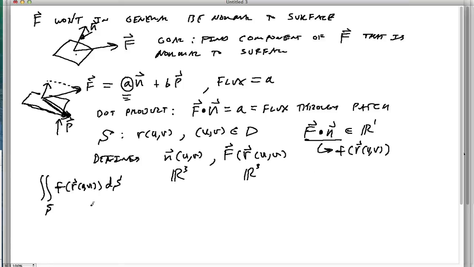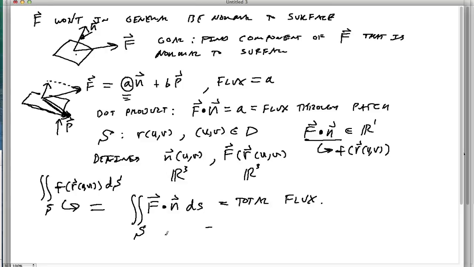So then the flux is the integral over our surface, where f becomes this function of the vector field dotted with the normal of the surface, times a little patch. So that equals our total flux. All right. So the question then is, how do we find n?